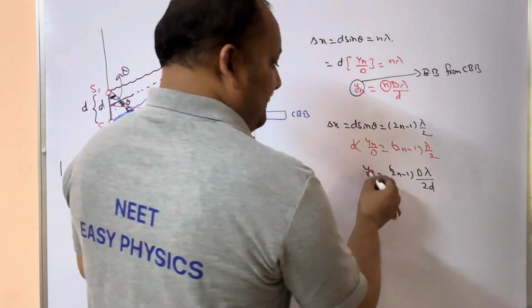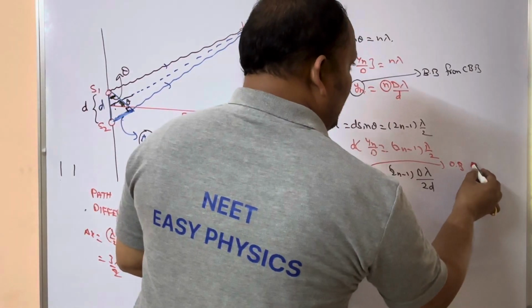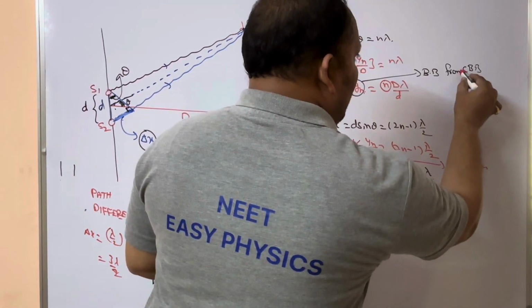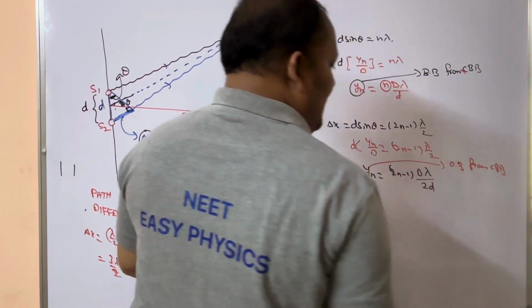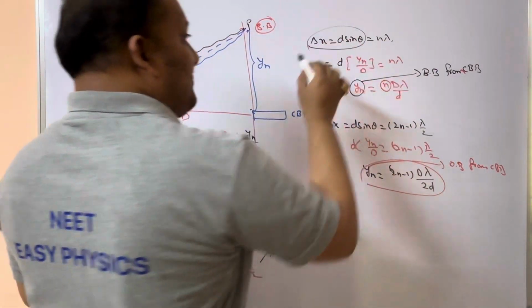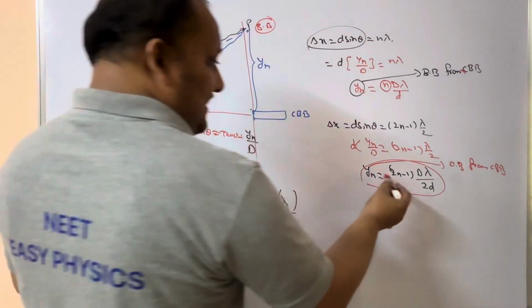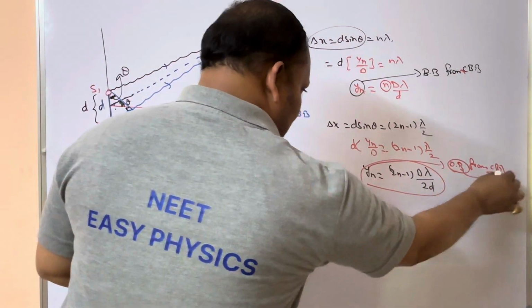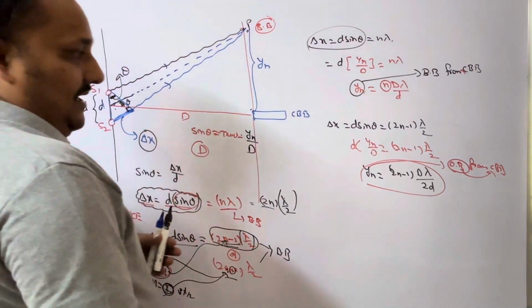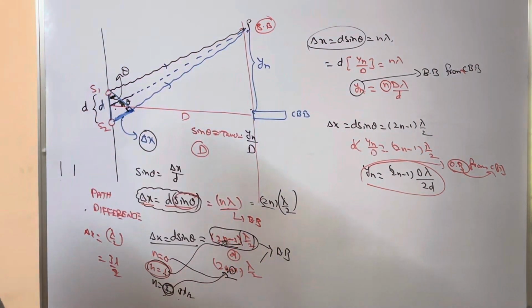This yn is the dark band distance from the central bright band. You are going to get this equation many times: path difference is equal to d sin theta. So this is the dark band distance from the central bright band, and this is the bright band distance from the central bright band.